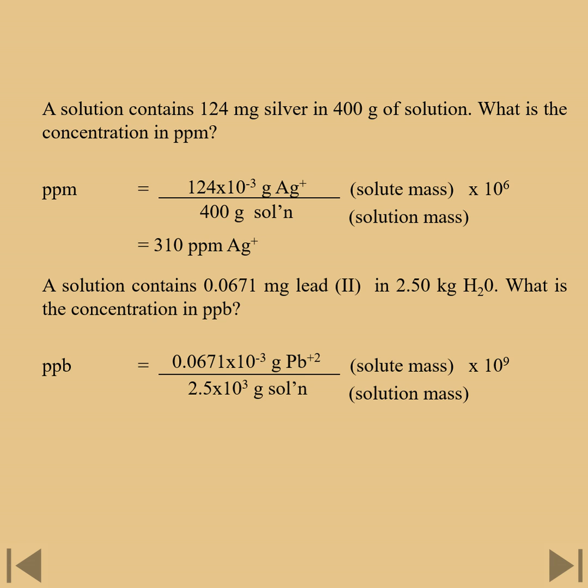So let me convert both into the base unit and plug them in, and now I get 26.8 parts per billion lead 2 ion. I should still be asking, does my answer make sense? And to me, they look like they do.